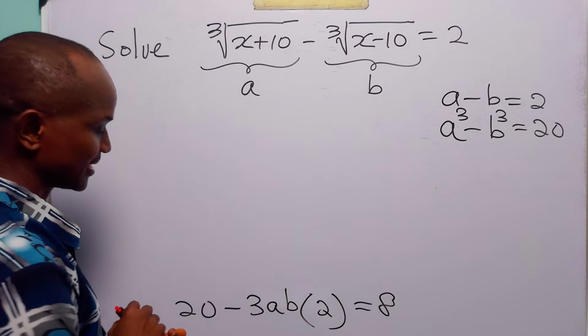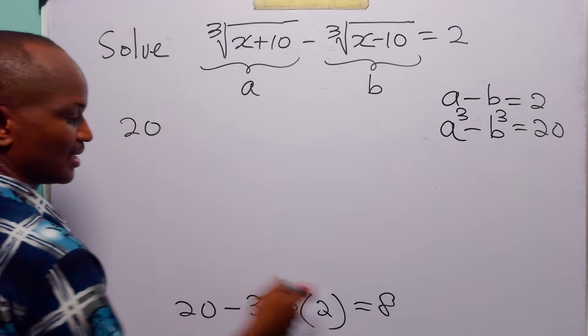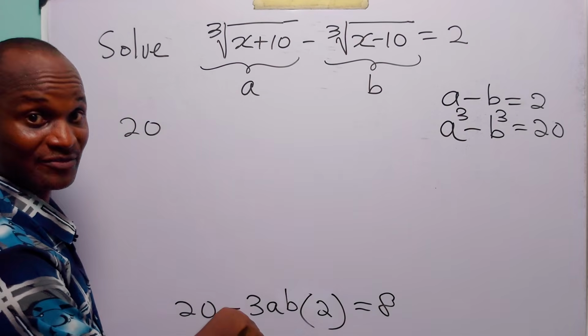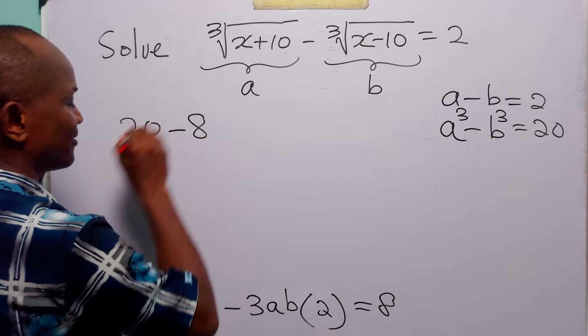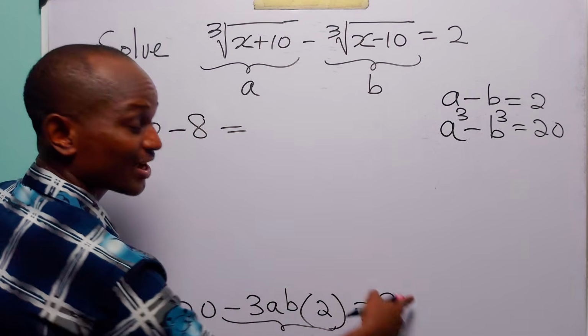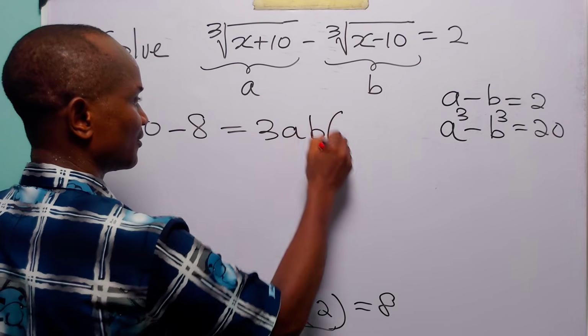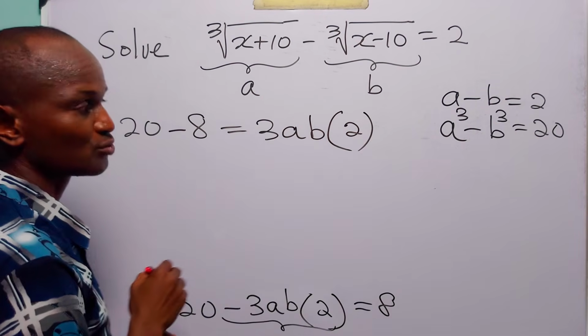Now rearranging this equation, we have that 20. Let us move this over to the left-hand side. It becomes minus 8. And let us move this over to the right-hand side. It becomes 3ab times 2.